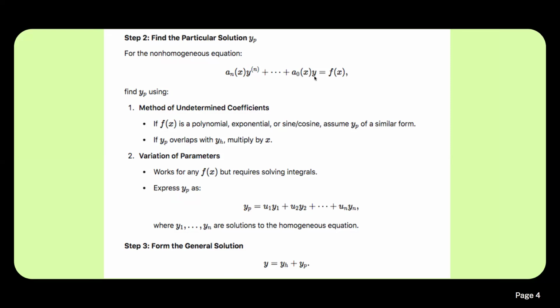We can find y_p using the method of undetermined coefficients, okay? If f(x) is a polynomial, exponential, sine, or cosine, then we can assume y_p of a similar form. If y_p overlaps with y_h, we multiply by x, okay?